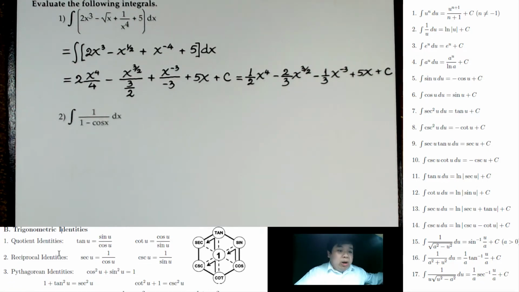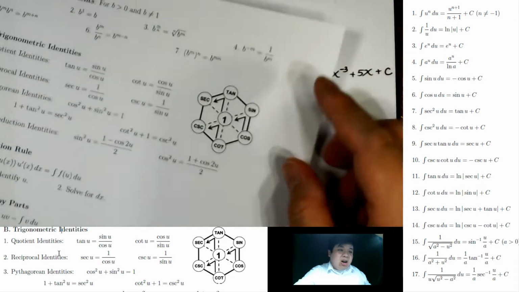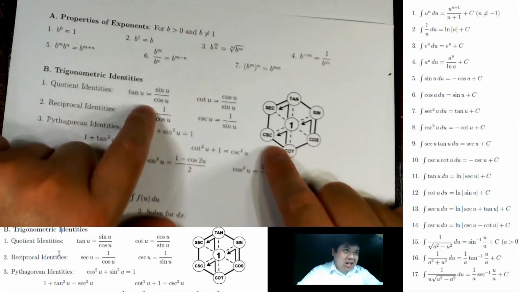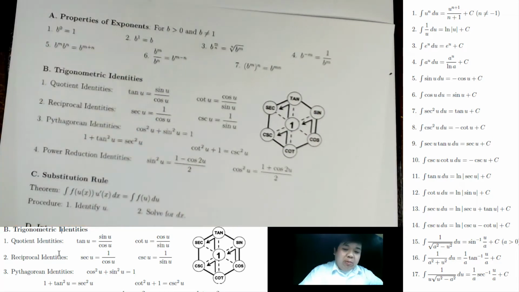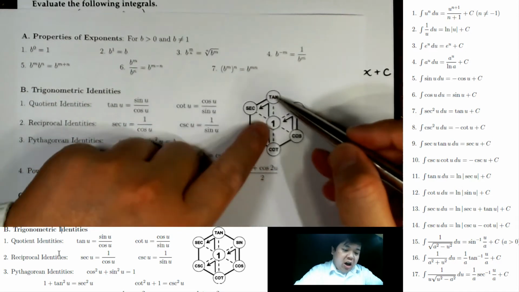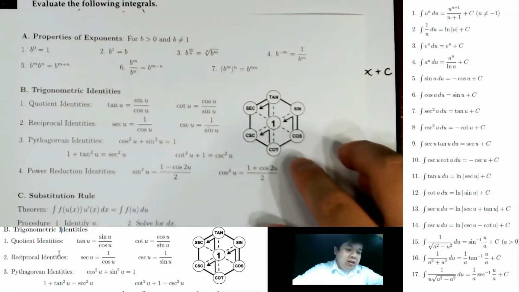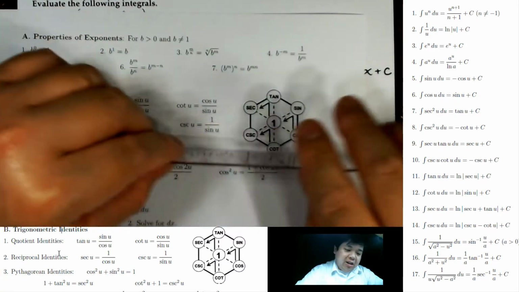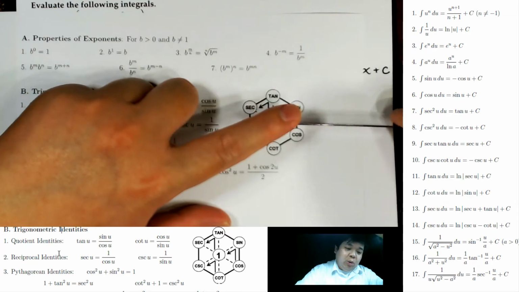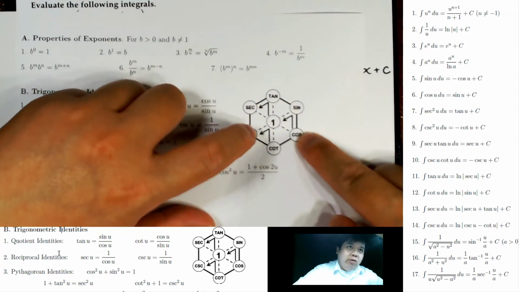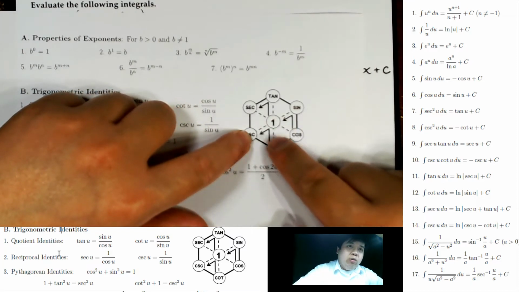By the way, I throw in the hexagon. This hexagon just helps us to memorize these identities. For example, if we put the tangent on the top, we will have sine over cosine as a ratio, or secant over cosecant, or 1 over cotangent.